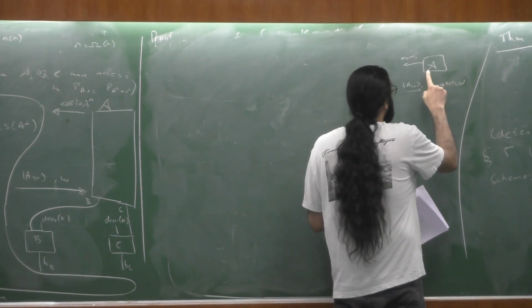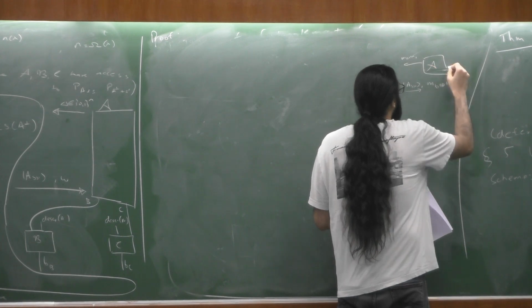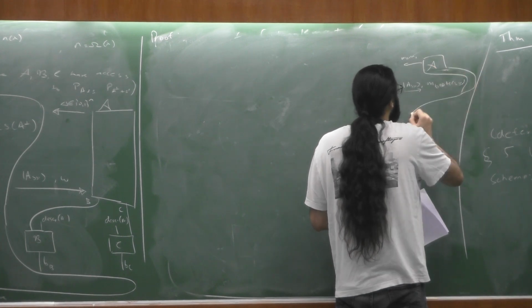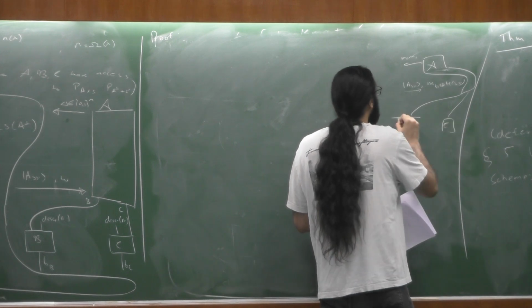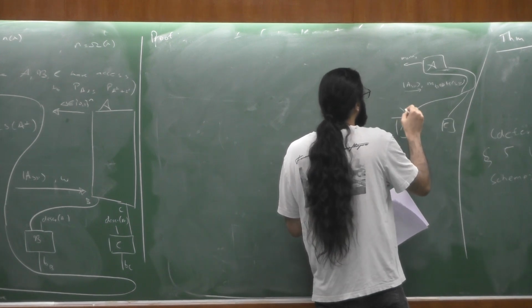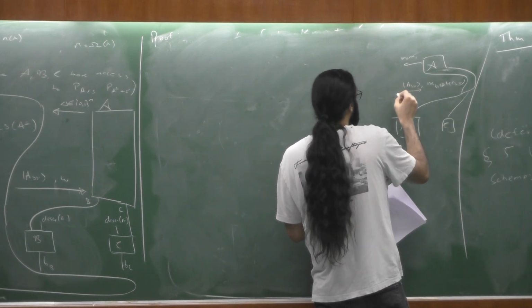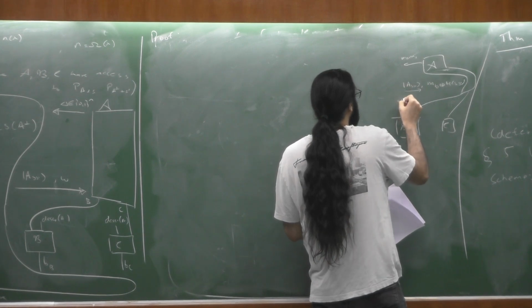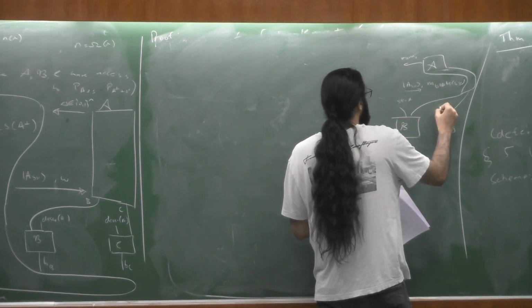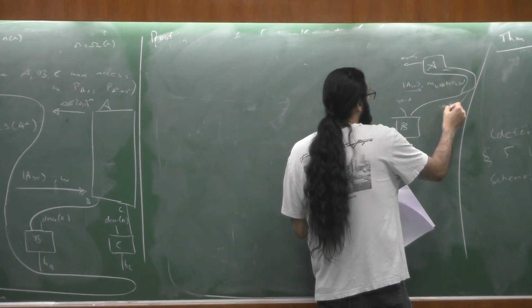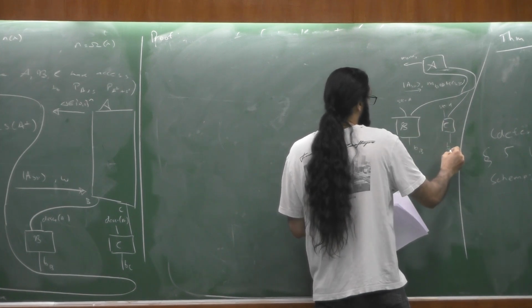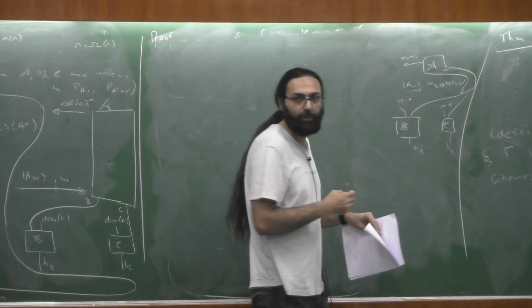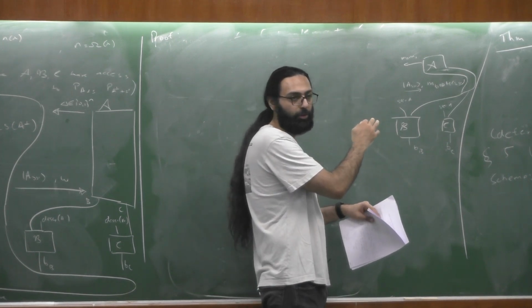So you have B and C, right? And then they get the description of, they get the secret key, which was A here. And they all have access to the oracles, and they have to output which message among M0 and M1 was encrypted, right? So that's the game that we want to show you can't break.